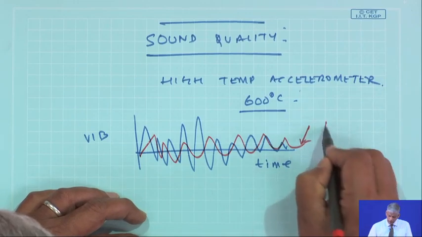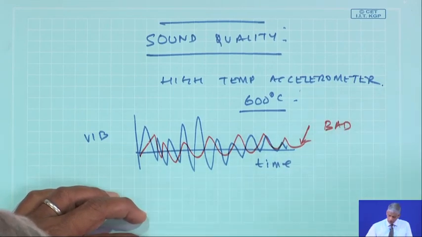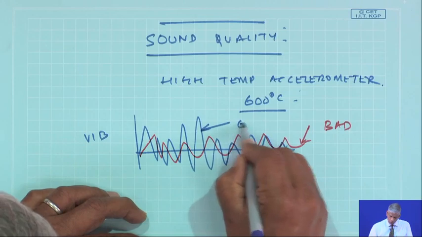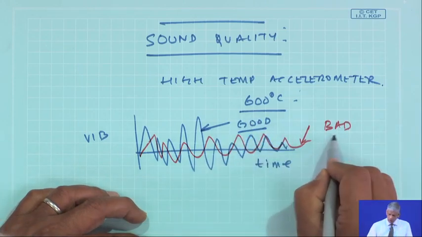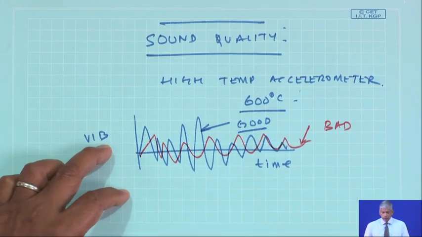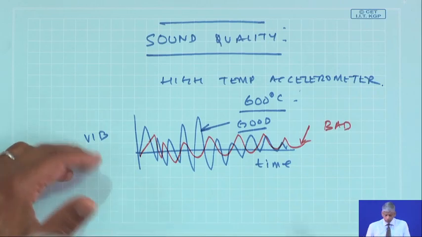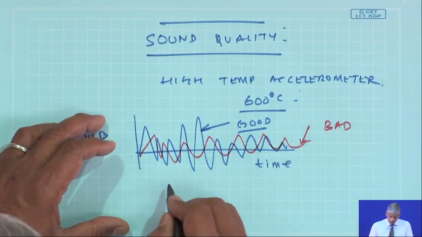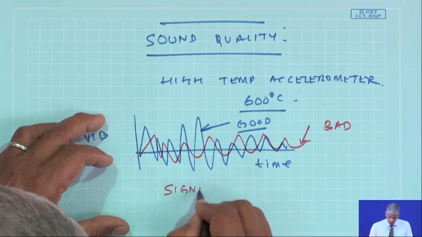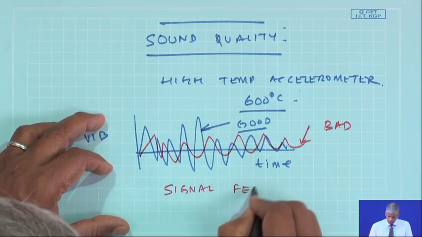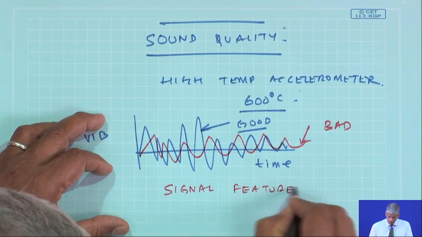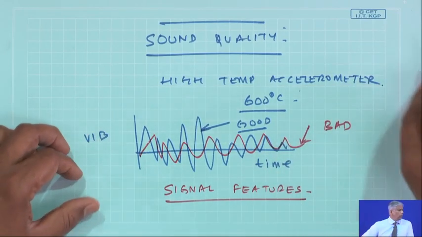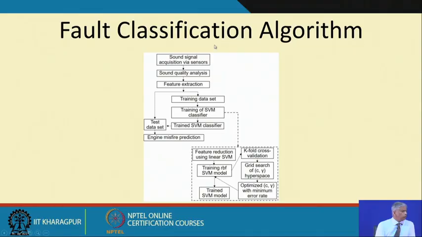Sometimes to the naked eye such signals are very difficult to distinguish. So, we can use certain signal features and we can classify the faults.